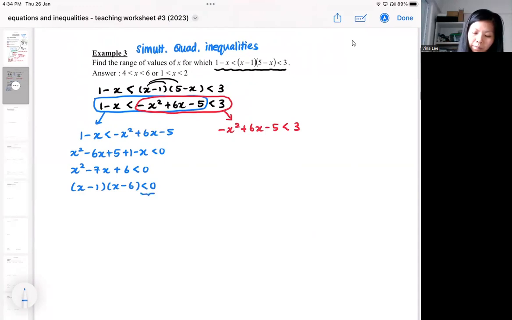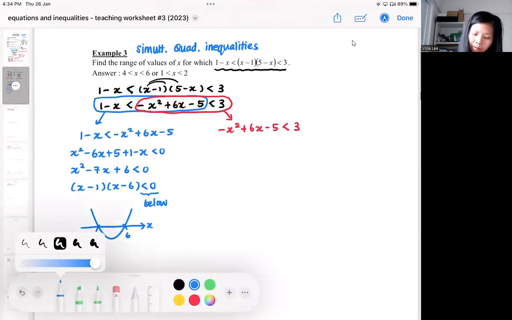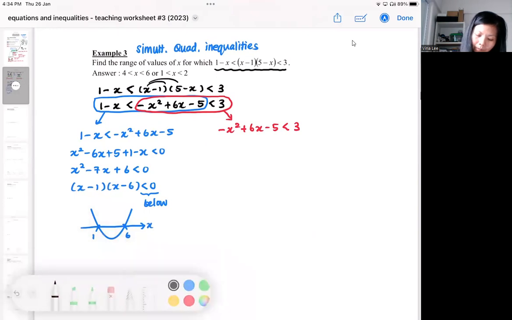In this case, I'm looking for the portion of the graph that is below the x-axis. So I will draw the function. As I mentioned before, the intercepts you read from the bracket. If you read from the bracket, you will get 1 and 6. And we are interested in the portion that is below the x-axis. So this is the portion that I'm interested in.